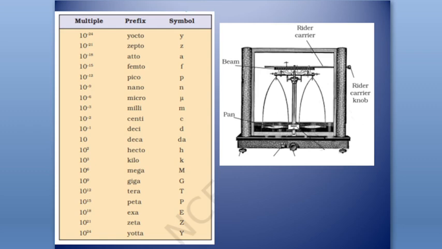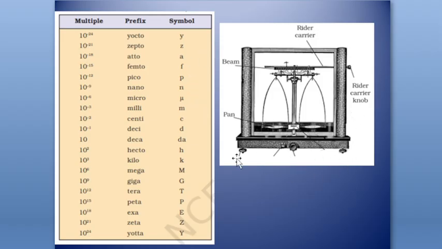If we add powers in positive powers, then towards downward we can say it as deca, hecto, kilo, mega, giga, tera, peta, exa, zeta, yota, etc.